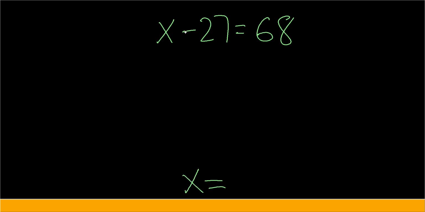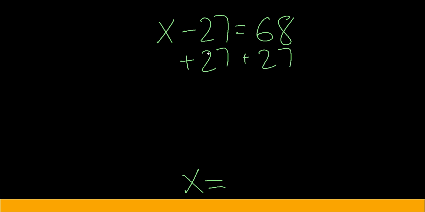And let's do one more subtraction example. X minus 27 equals 68. So this is our equation, and we want to do the opposite of this minus. The reason is when we solve this, we want to find out what x is. So let's do a plus 27 to both sides.